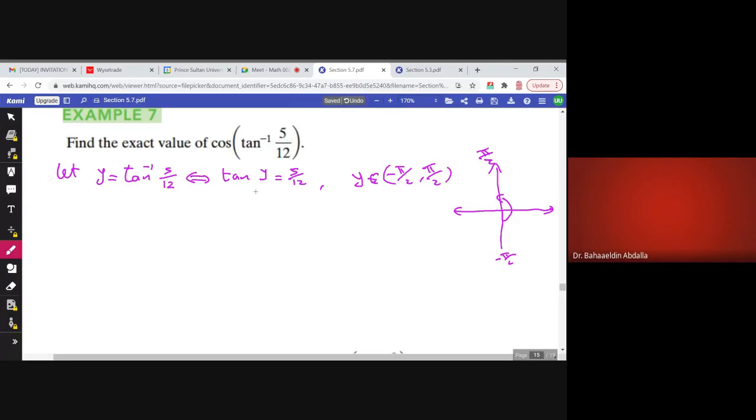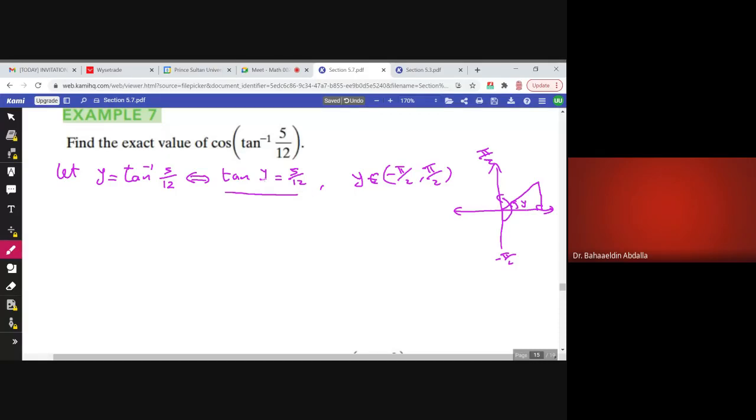But now, the second information: tan is positive. And tan is positive means y is in the first quadrant. So this is the angle y. What is tan y? Tan y is 5 over 12.